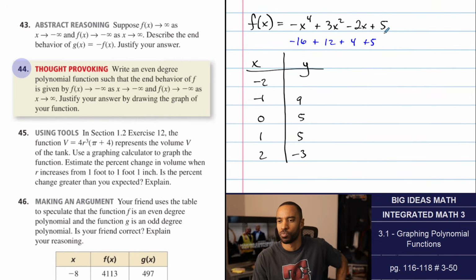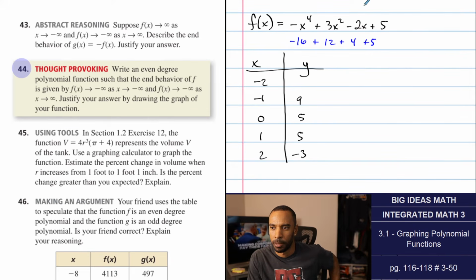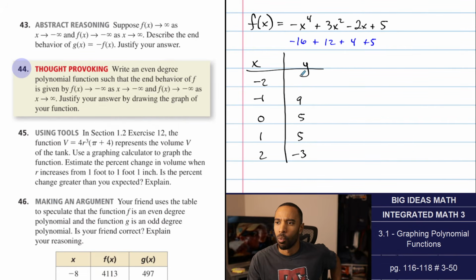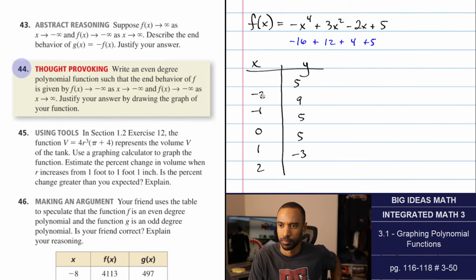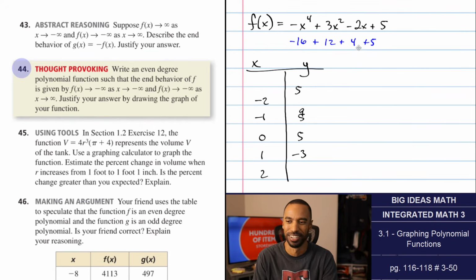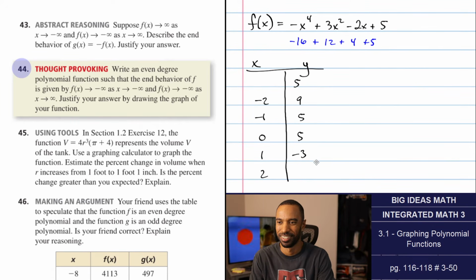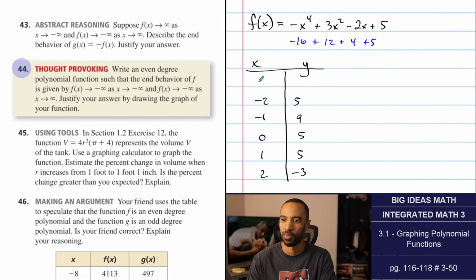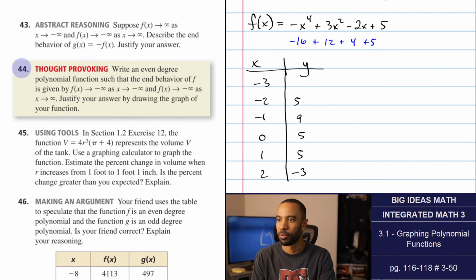I might have to plug in negative 3 because it says justify by drawing the graph. So that one didn't go down yet. That's at 5. Hold on. Let's plug in negative 3. I'm going to go until it goes down. All right, plug in negative 3.